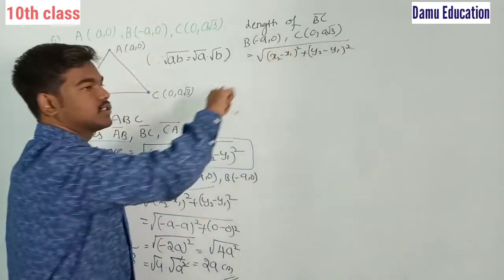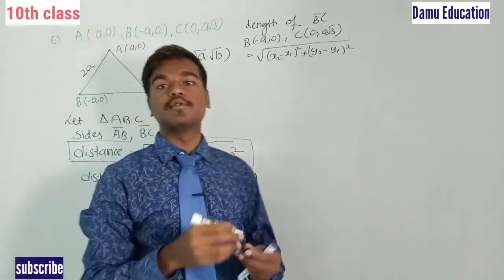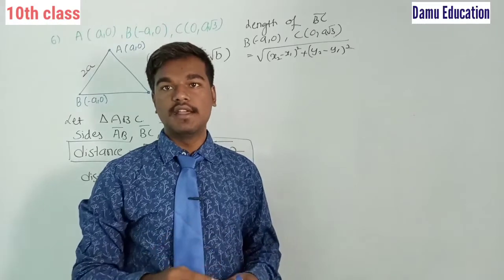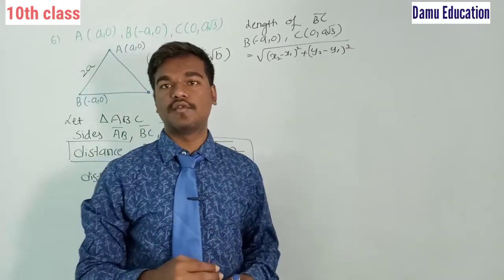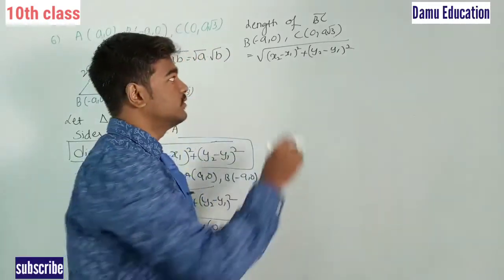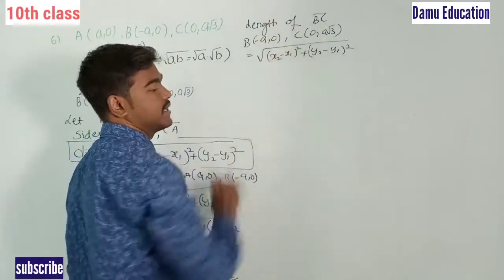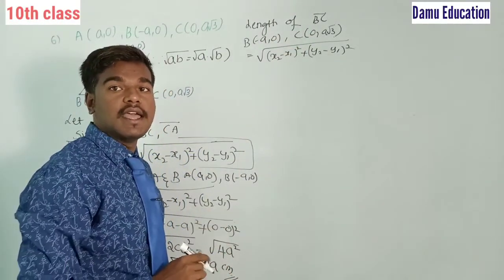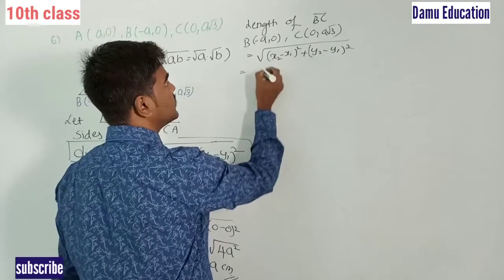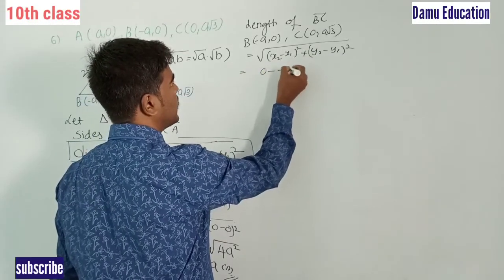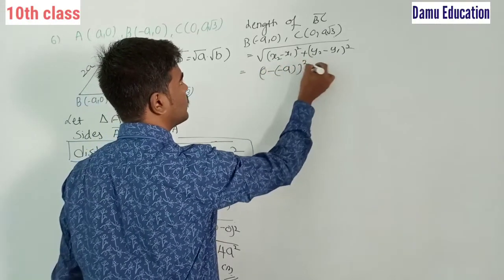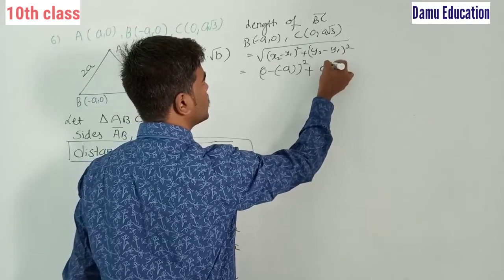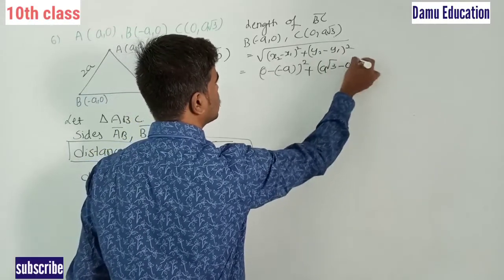Don't get confused. In previous problems we took x3, y3 for the third quadrant, and x4, y4 for the fourth one. But whatever it is, one coordinate will be x1, y1 and another will be x2, y2. So x2 is 0 minus x1 of minus a, whole square, plus y2 is a root 3 minus 0 whole square.